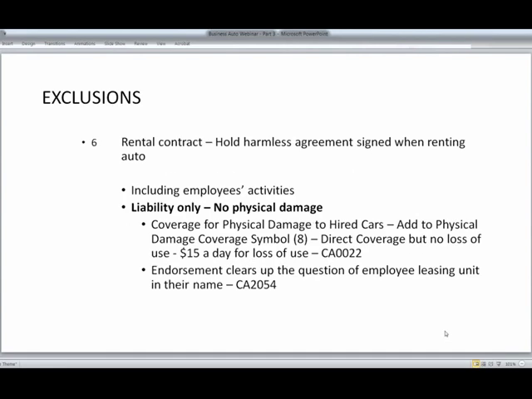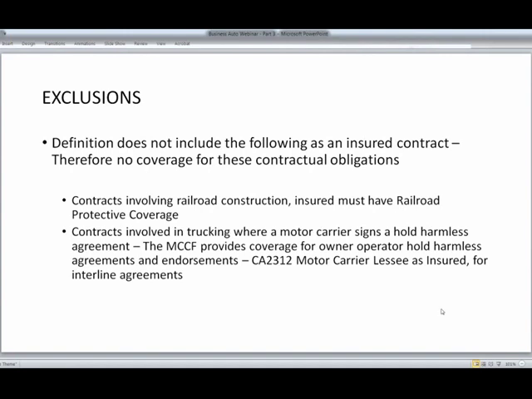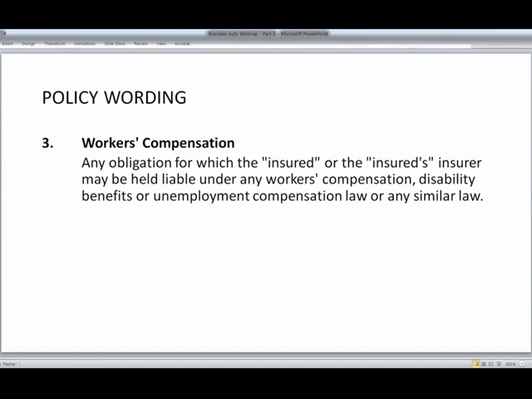Then you do not have the hold harmless agreement for the rental vehicle, so there's no physical damage coverage for the rental vehicle. We talked about buying that back, and then that would clear up that employee leasing. And then you also have the contracts that have to do with the motor carrier industry and railroad construction. Other than that, you have broad form contractual.